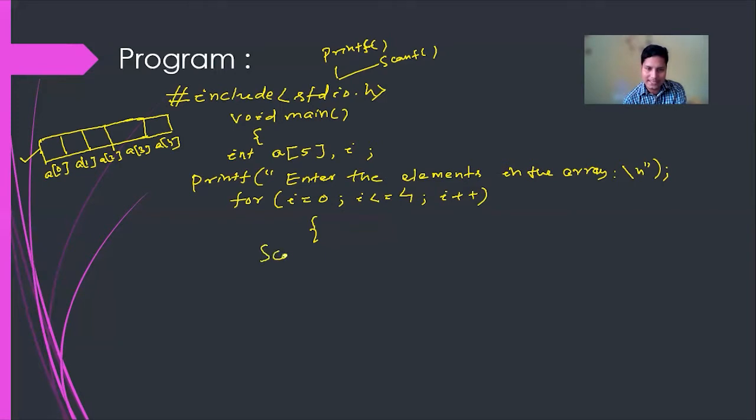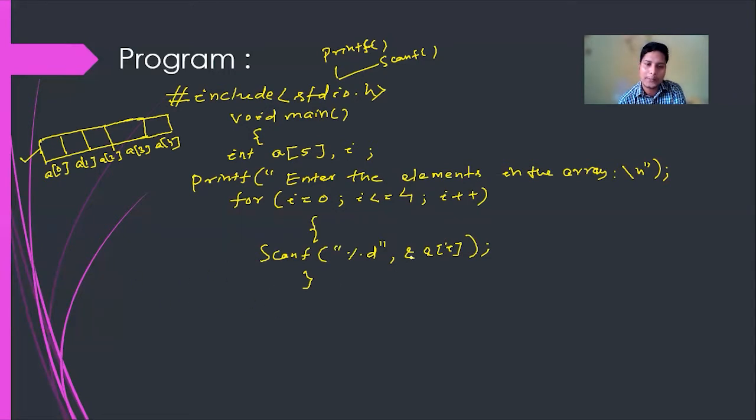So here I am writing the scanf function: scanf within double quotation, percent d, double quotation end, comma, ampersand a of i bracket and semicolon. This scanf function will take input from the keyboard and store it in memory.